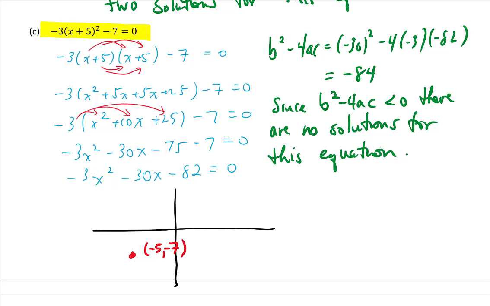And since the a value is negative, the parabola must open downwards, and notice it does not cross the x-axis. So therefore, it doesn't have any zeros or roots. This one we can complete a lot quicker if we think about graphing the quadratic in vertex form.